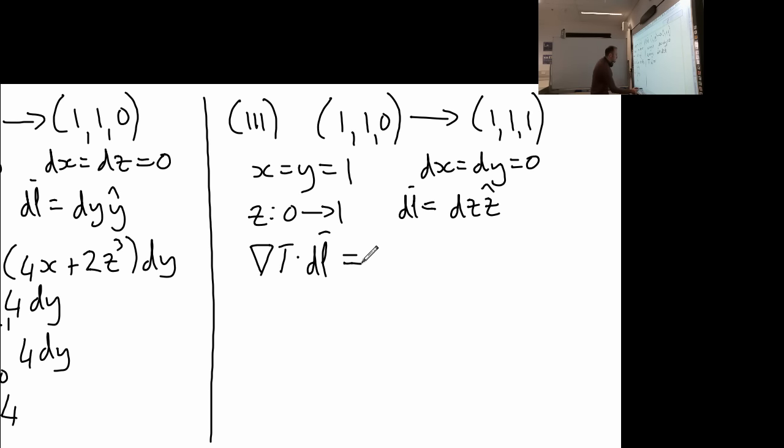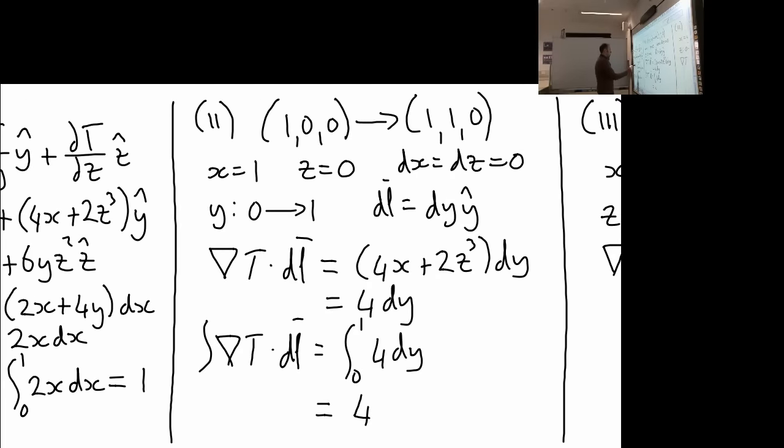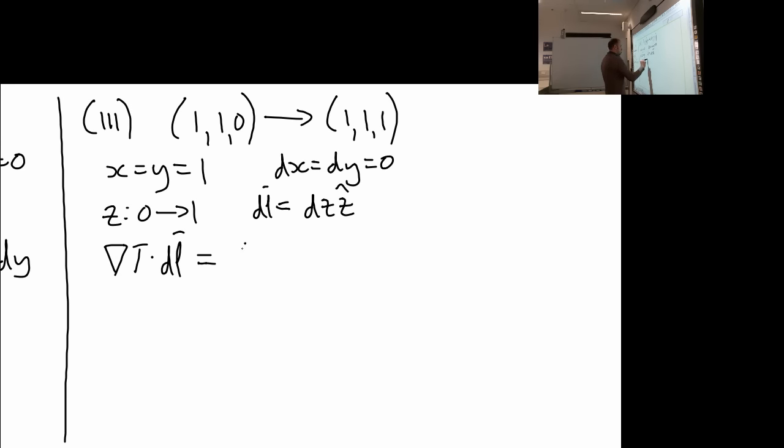So what is our dot product between the gradient of T and dl going to give us? Well, now what we get is 6y z squared dz. Y is equal to 1, so we're left with 6 z squared.